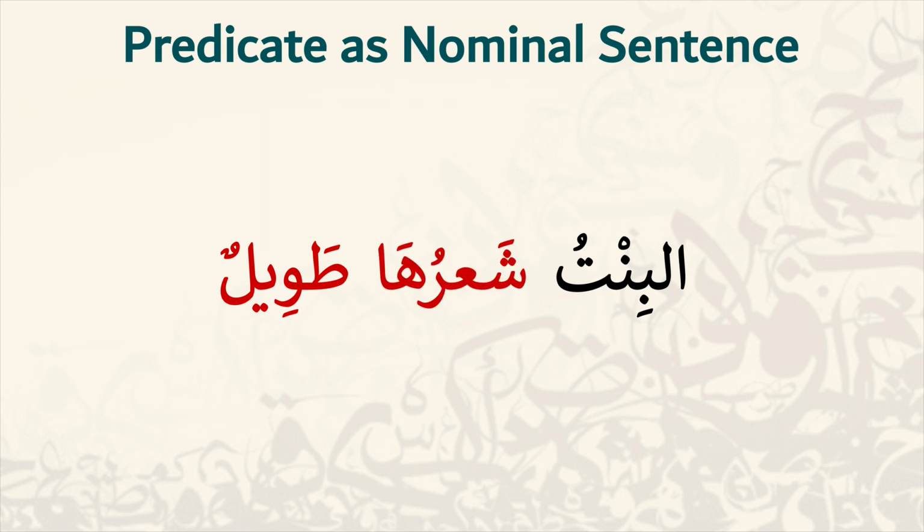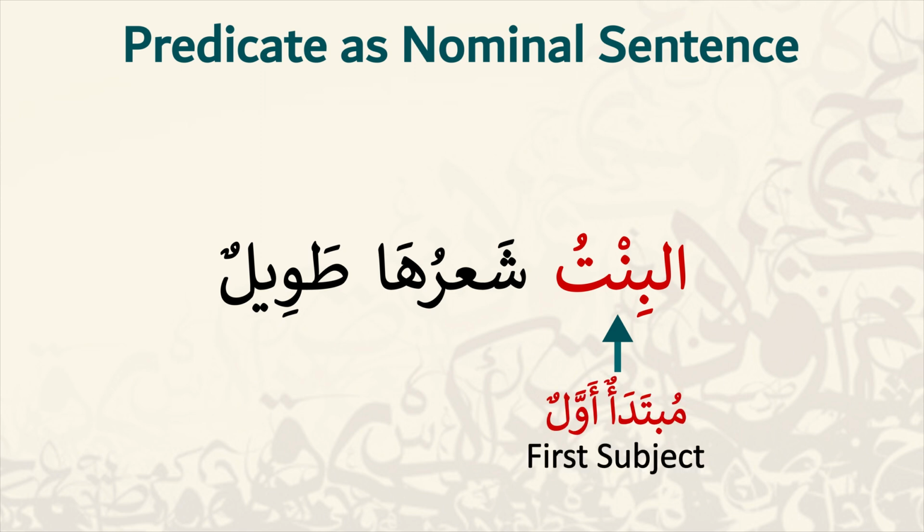In this type of predicate, there is always a pronoun in the predicate that refers to the subject. Here it is ها. A possessive pronoun means her. Let me analyze this combination. I will begin from the first word, البنت. This is the subject, المبتدأ, and we call it مبتدأ أول, first subject.